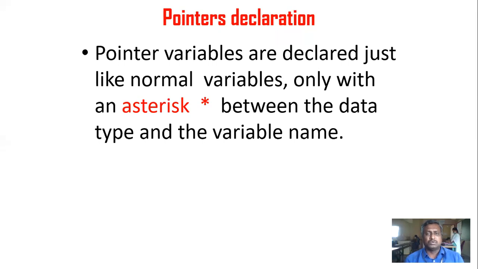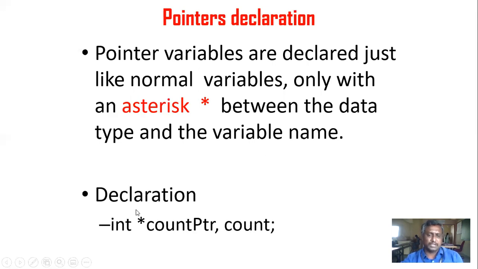Got it. The only difference is that we place an asterisk between the data type and the variable name. If a pointer is going to be used to point to a variable of a particular data type, then we specify the data type, an asterisk, and the pointer variable name.